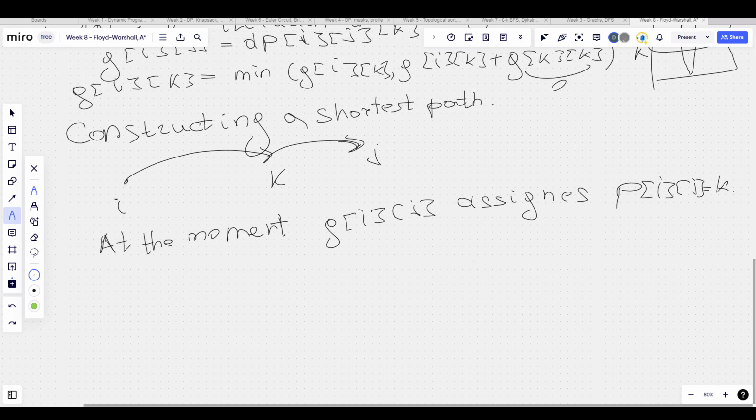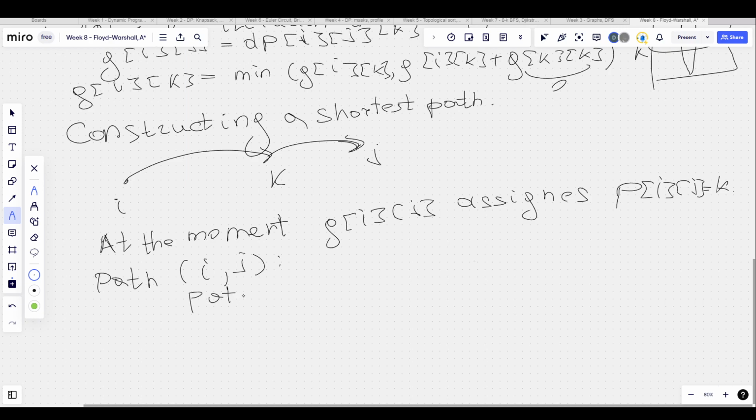To construct the whole path, we use the idea that we use when constructing paths, calling recursively p i j and getting the whole path.